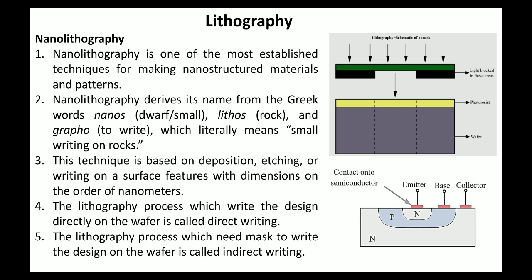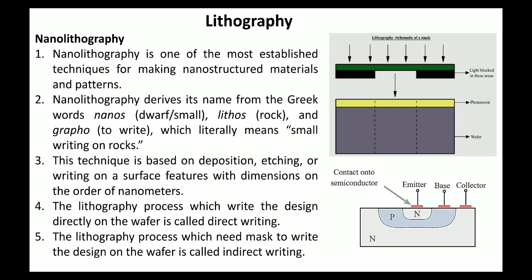Once you do this process, can we make some devices? Yes, we have to see how important this technique is. Suppose you want to make an NPN transistor, then you can see how we can use this lithography technique to make the electrodes.